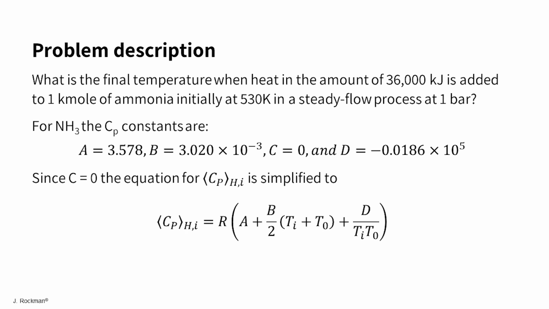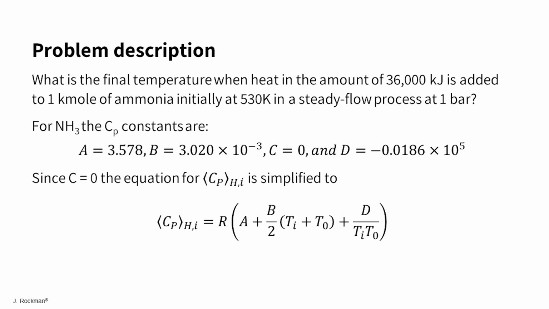Let's give a specific example. The problem we're going to solve is defined as finding the final temperature when heat in the amount of 36,000 kilojoule is added to 1 kilomole of ammonia, initially at 530 Kelvin, in a steady flow process at 1 bar.